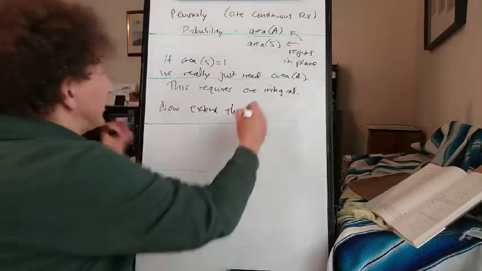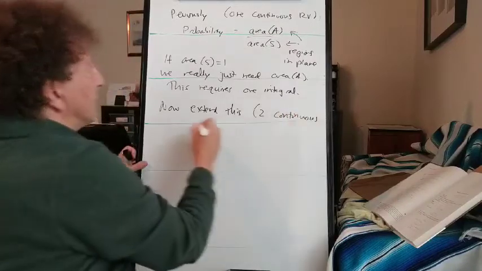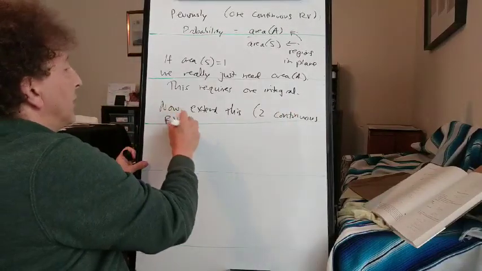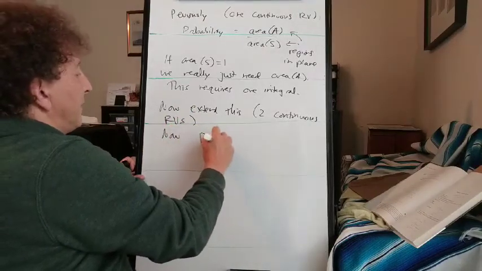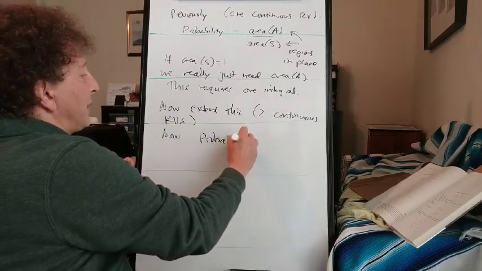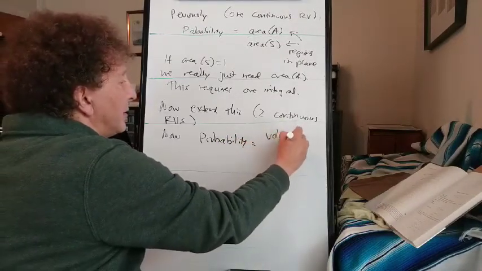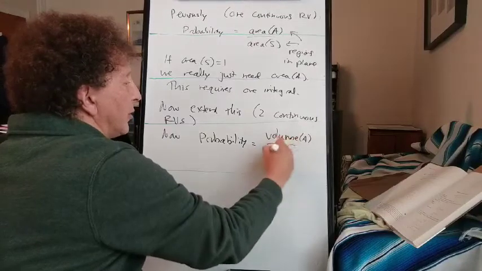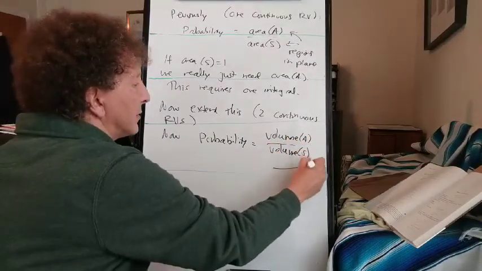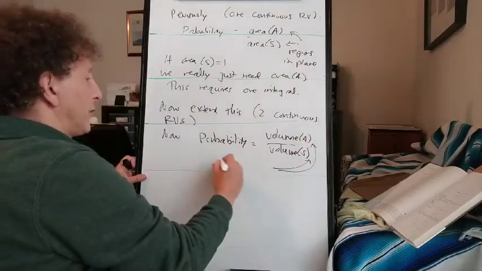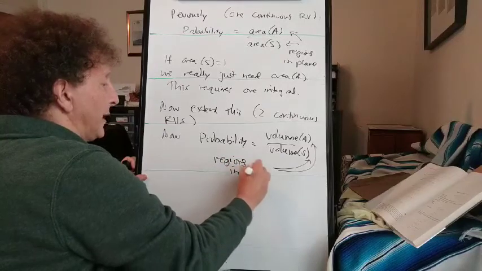Now let's extend this to two continuous random variables. So now we're going to let probability be volume of A over volume of S, where these are regions in R3.